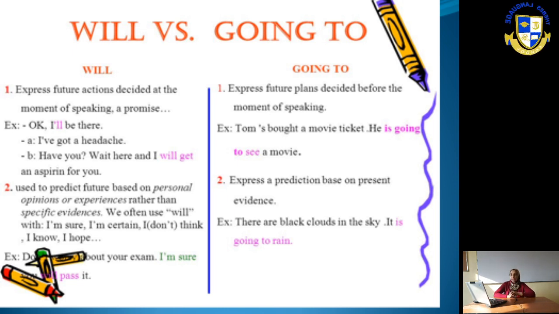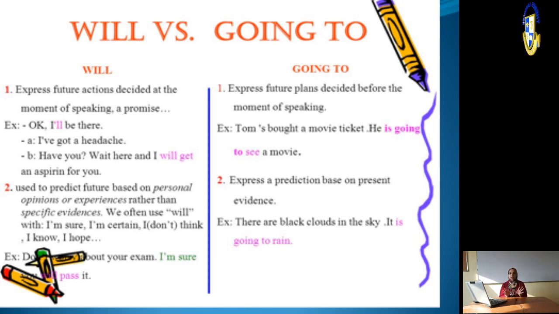You are going to say, do you think the exam is going to be on Monday? You are going to tell me, I'm sure that you are going to pass the exam. Am I to say that you are going to pass the exam? No, I have to say, I'm sure you will pass the exam. You don't have any evidence.